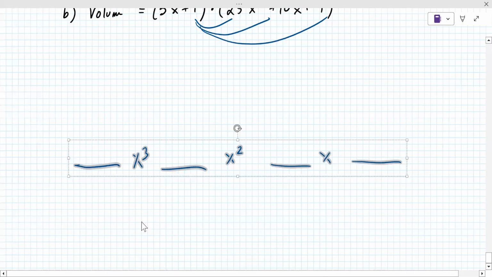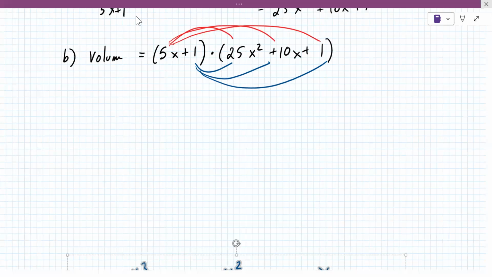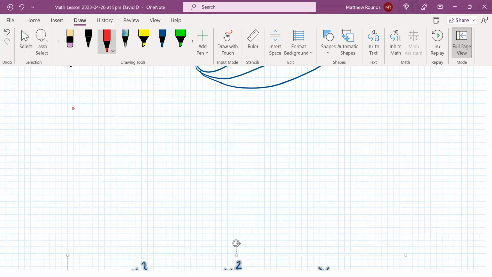It's just a small little thing. So let's go ahead and do these together.